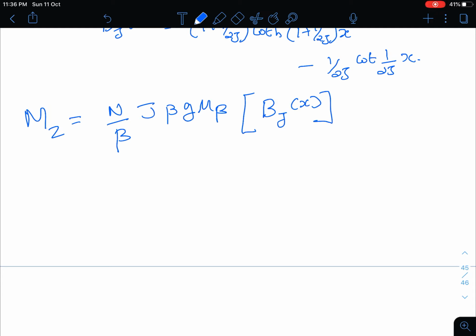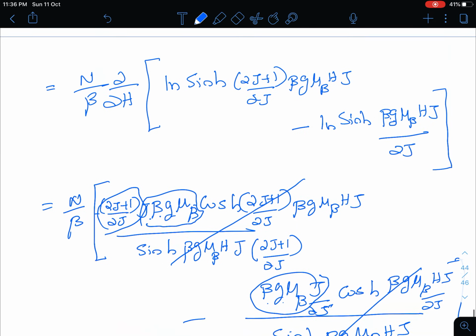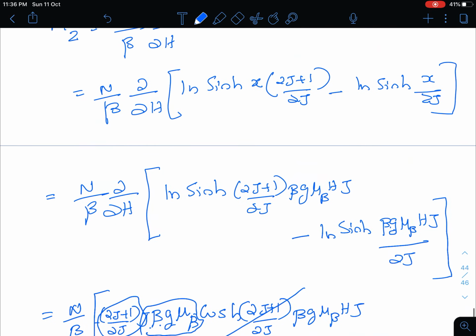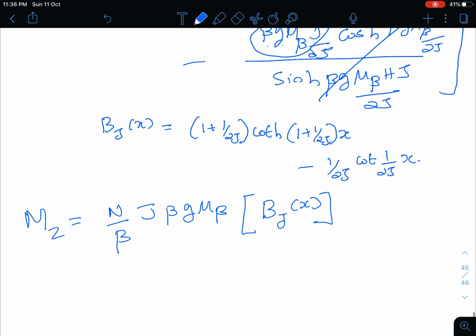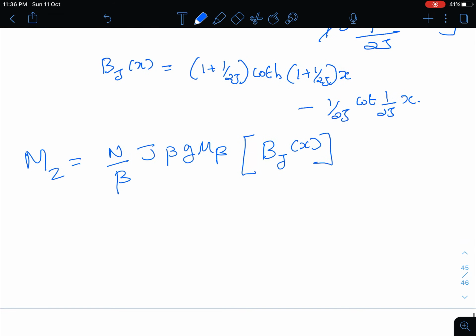In that case the x would be much greater than, what was the x? What was our x? Our x was something like, you remember, x ഞാനിവിടെ എഴുതാം, സൈഡിൽ എഴുതാം. x was simply beta g mu beta j h ഇതായിരുന്നു അല്ലേ. So beta is 1 by kt.